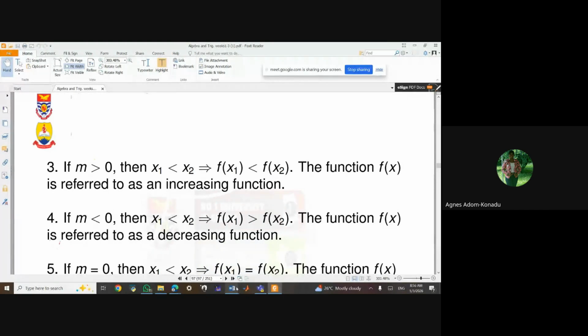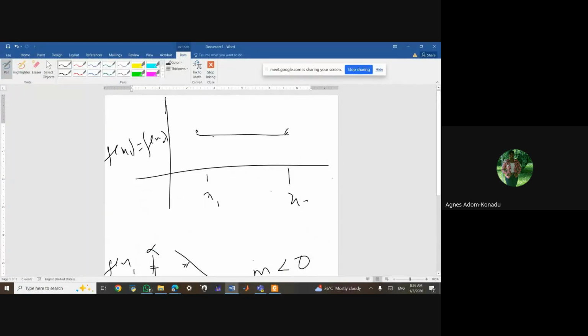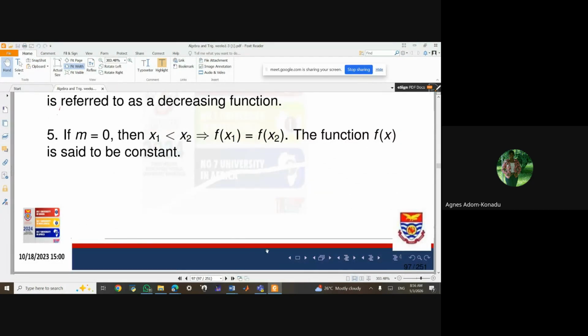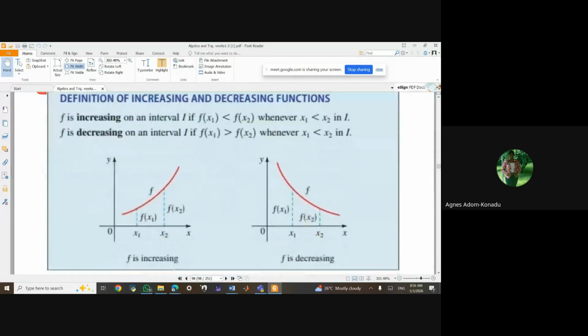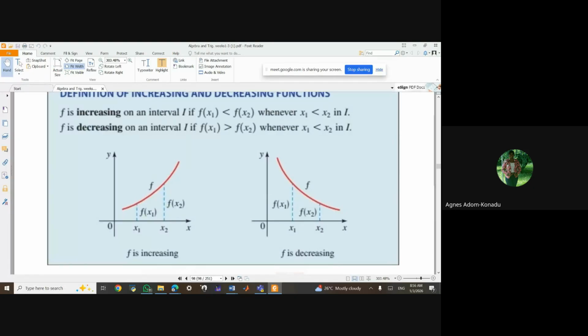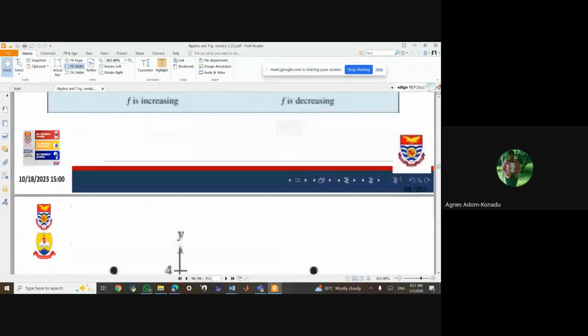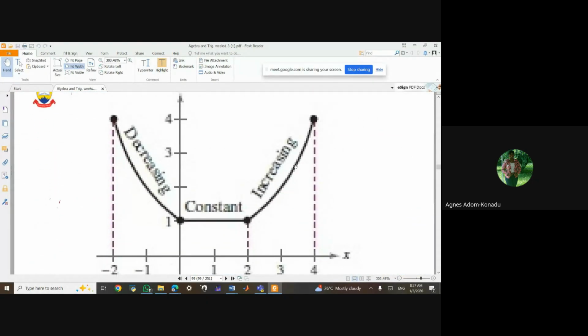When you check, the gradient here will be 0. So if my gradient is 0, this is the fifth one: if m is equal to 0, x1 is less than x2, but f of x1 is equal to f of x2, then the function is said to be a constant function. Everything combined, we have a decreasing function, a constant function, and an increasing function.